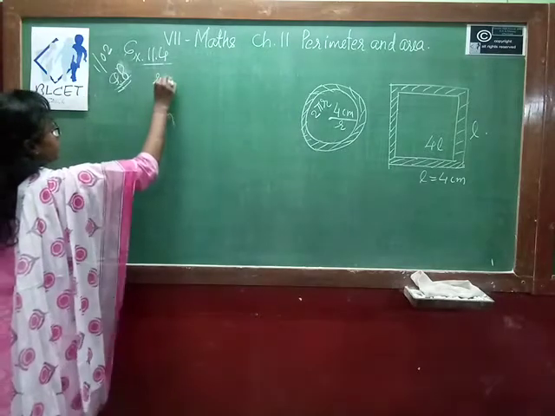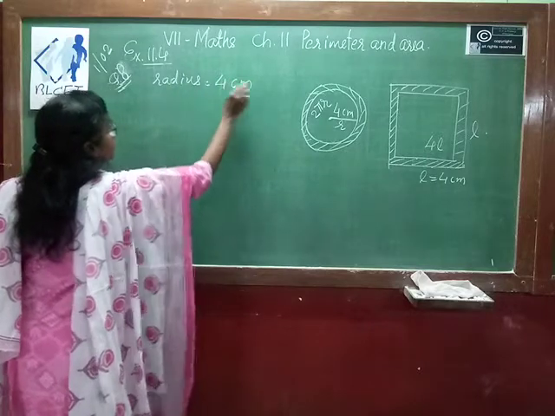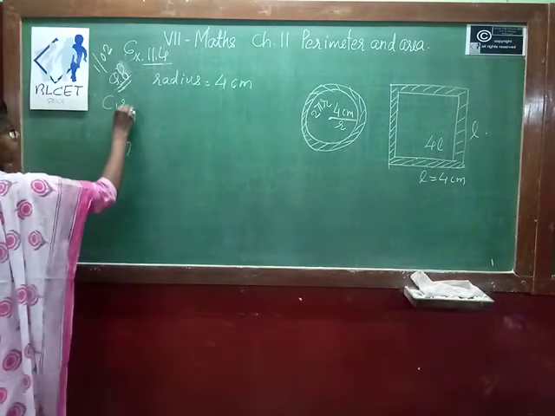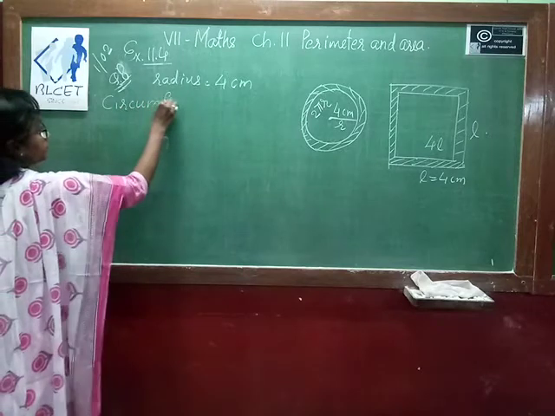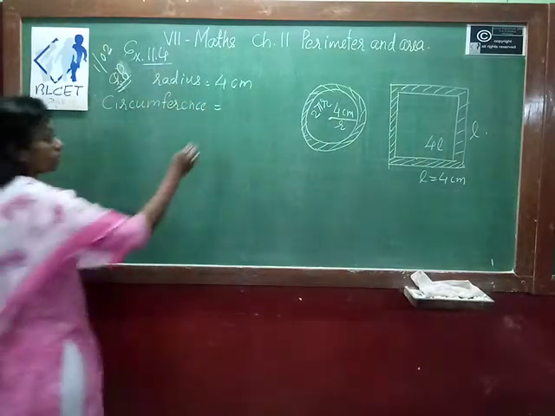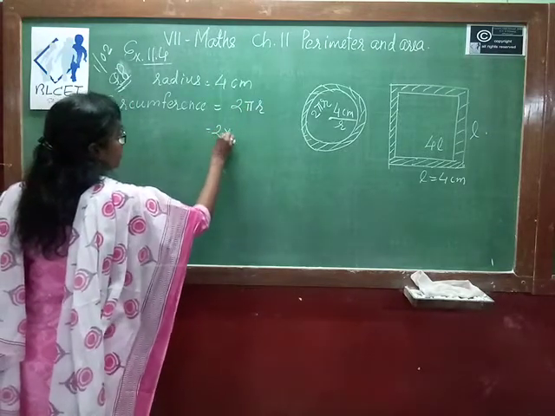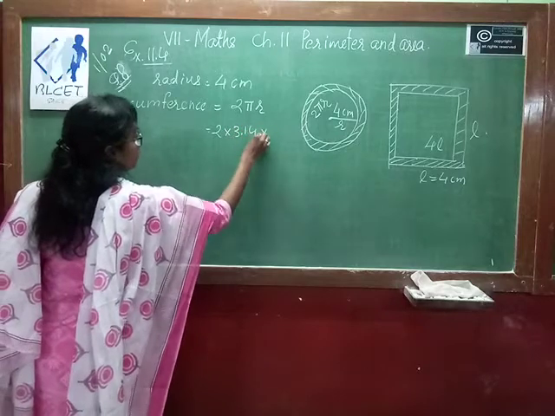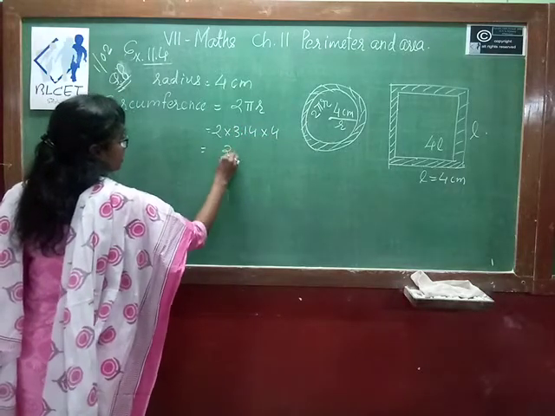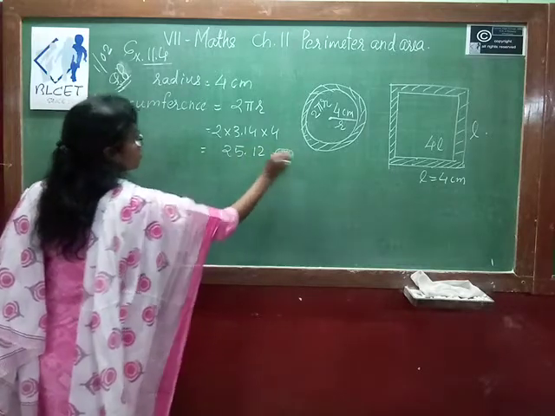Radius is equal to 4 cm. The circumference is the total length of the cord. 2 pi r, which is equal to 2 into 3.14 into 4. What is the answer? 25.12 centimeters.